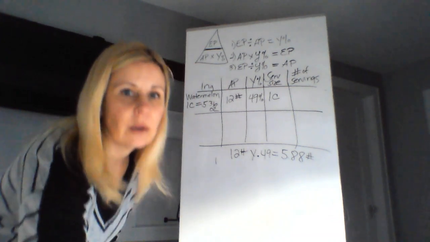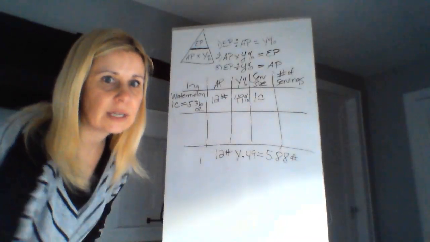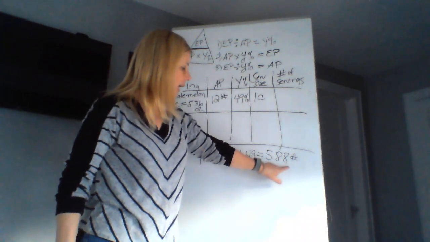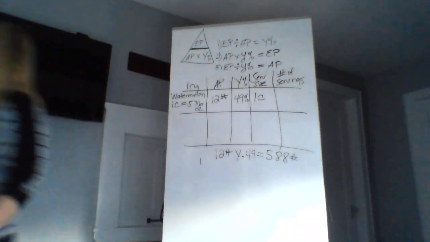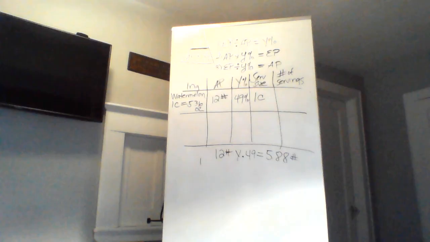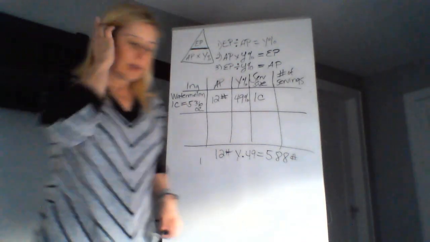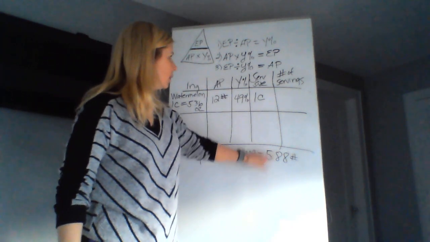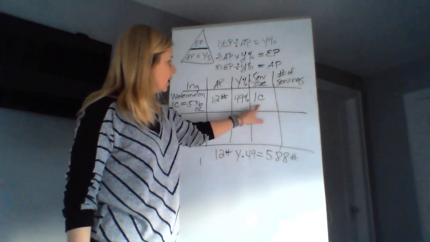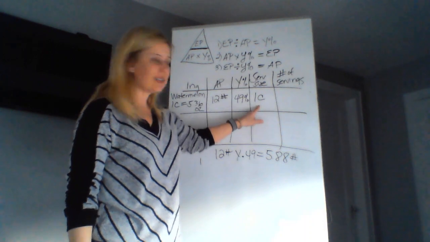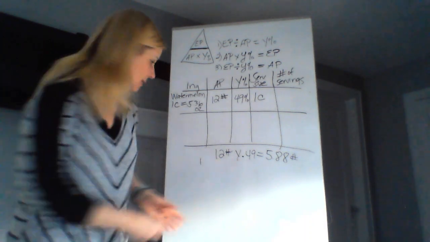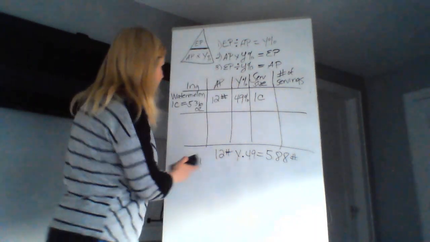Okay, all right, so we see the 12 times the yield percent gave us 5.88 usable pounds of watermelon. Okay. All right. So now we have to figure out, okay, that's great, but we want to know number of servings, and our serving size is 1 cup. So what we have to do is solve for how many cups is that? Well, no problem. We can do that.